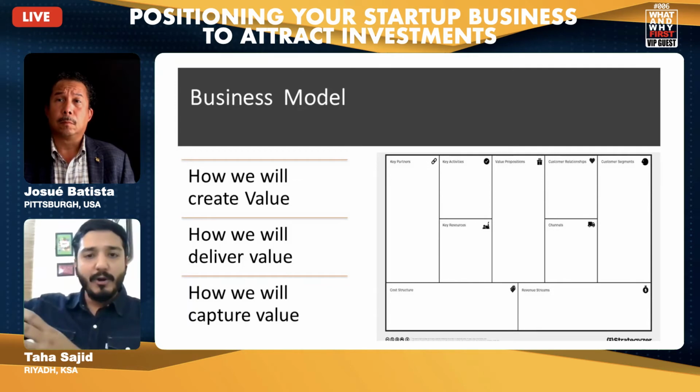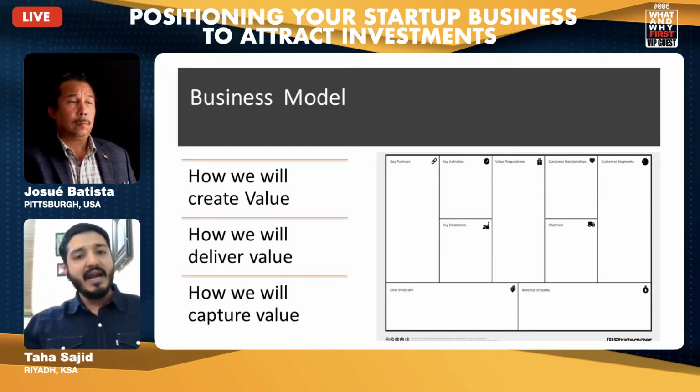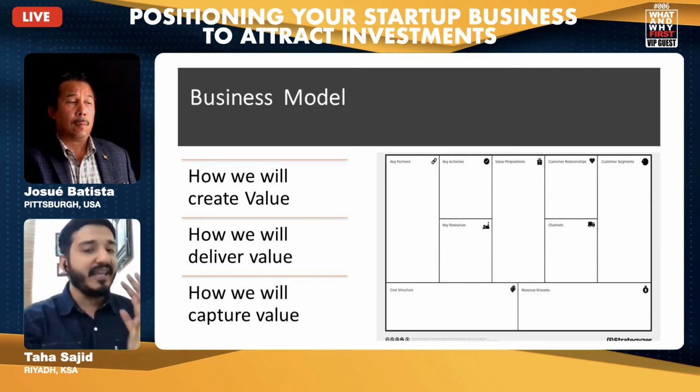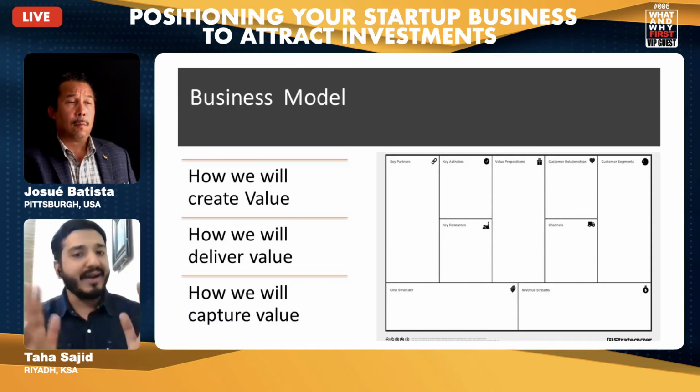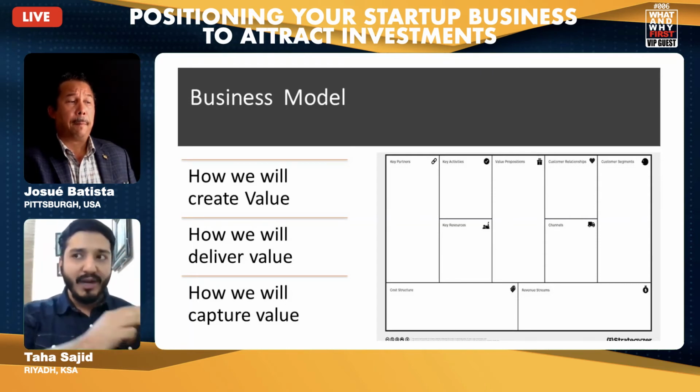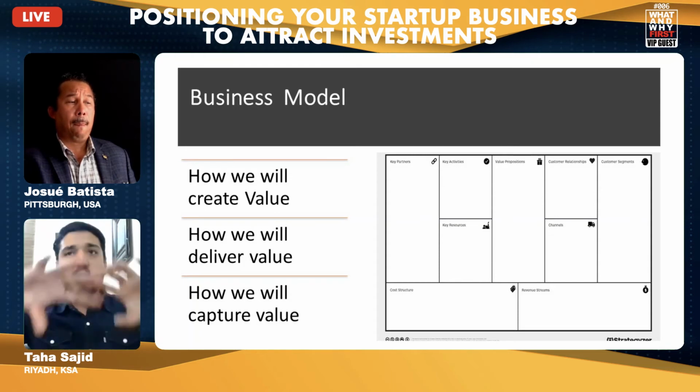So this is all you will put in the cost structure, because from that you will determine what sort of profit you are making. So this is also very important. So these three things go into a successful business model, and most investors look into this very focused, like how you are creating the value, delivering the value, and how you are generating the revenue.